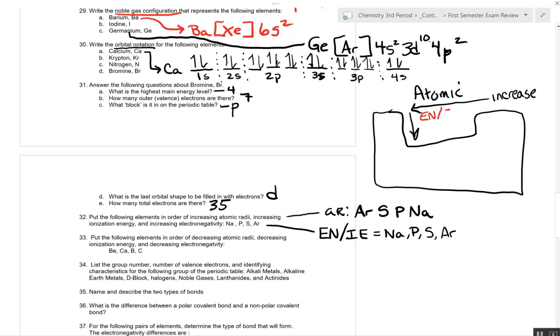Electronegativity and ionization energy go hand in hand, and they increase left to right and up. All right, already? Man, time flies when you're having fun.